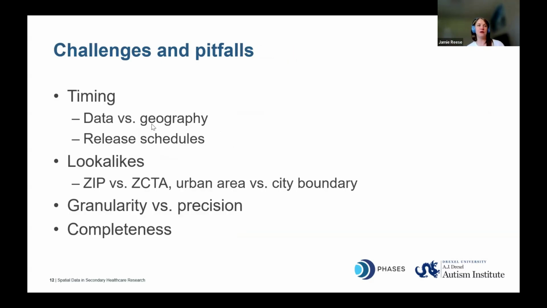All right, so some challenges that you can run into. This first point is similar to what I was just saying. Boundaries change over time, not just for zip codes, but for all boundaries. If your data is a snapshot for a year or a series of years, then you're going to need to make sure you're mapping to the boundaries as they existed at the time that your data was captured.